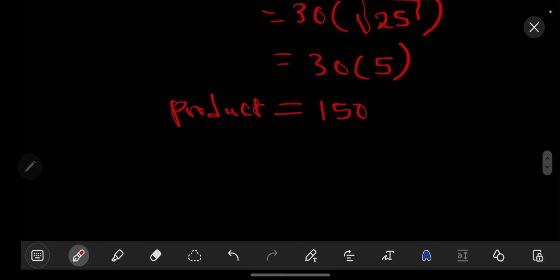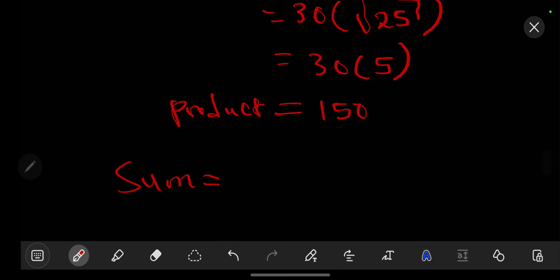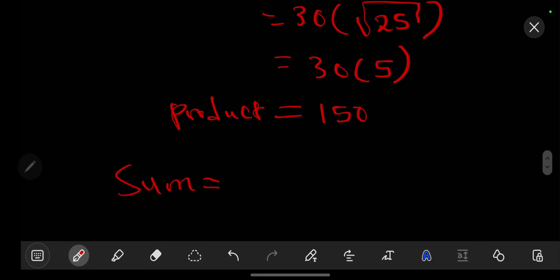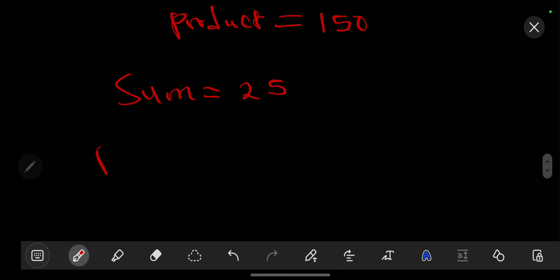Then when you find your product, let us identify our sum. Our sum is 25, so we have a 25, like that. Then our factors, two numbers which when you add them they are going to give you 25. When you multiply them, they should be able to give you 150.